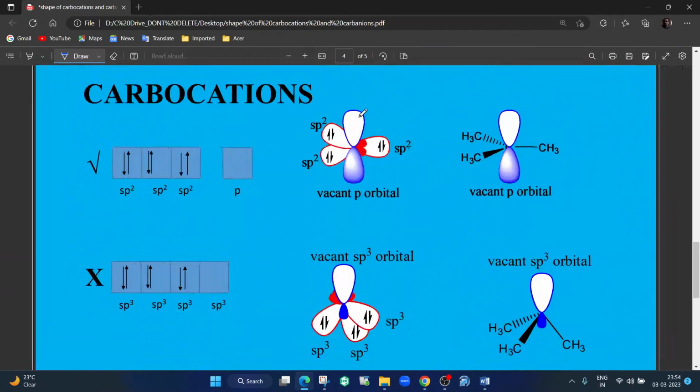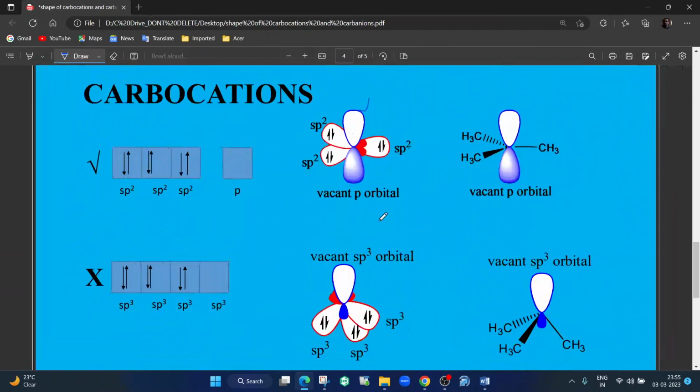Now vacant p orbital does not have electrons, so we do not care about the stability of this orbital, right? We are concerned about the orbitals in which electrons are there. So here the electrons are in sp2 hybridized orbitals.